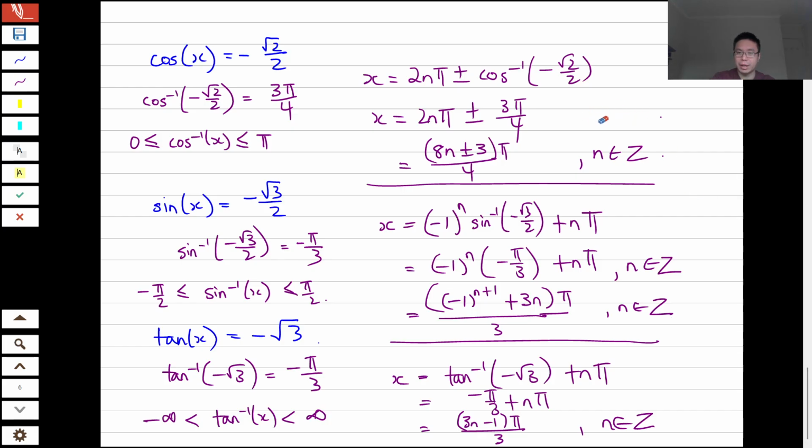You probably only need to write n as an integer once. You can write it at the end, but make sure you write it. It's easy to forget. If you're scared you're going to forget, just write it on every line, and that way you're safe.